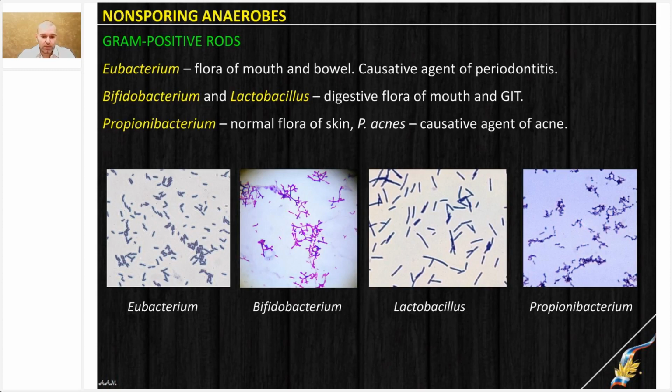We have one unique bacterium which is, I think, most known in all anaerobes. It is Propionibacterium, and the main species is Propionibacterium acnes. It is the causative agent of juvenile acne. It is a type of infection of the skin with formation of small abscesses, or they can obstruct pores of skin glands and form those black dots on the face.